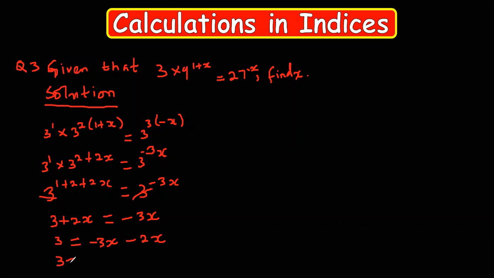So 3 equal to minus 5x, and then we divide both sides by minus 5. When we divide both sides by minus 5, our result should be x equal to minus 3 over 5, like this. So this is the answer.